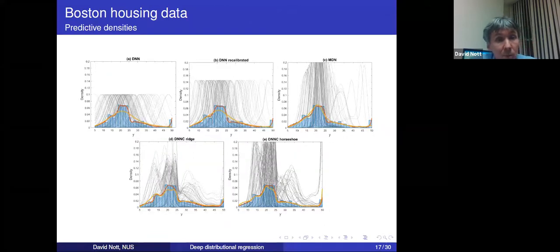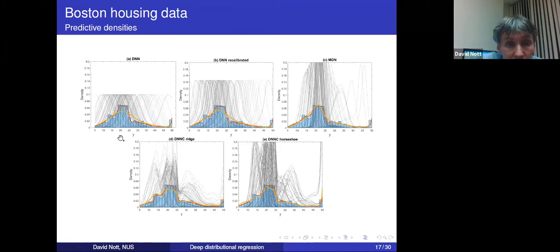Now let me show you some predictive densities from some of these different methods. The purpose of showing you this is just to show how the shape of the predictive densities in the Copula method adapts in quite a complex way depending on where you are in the feature space. In each graph, the blue bars are a histogram of the observed responses. I've got a kernel estimate, that's the brown line there.